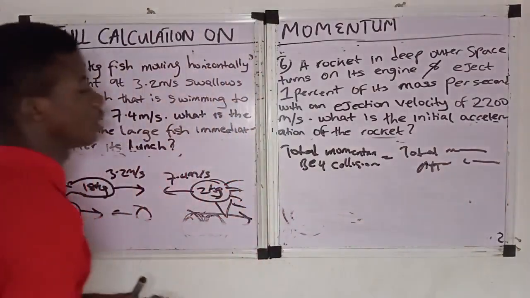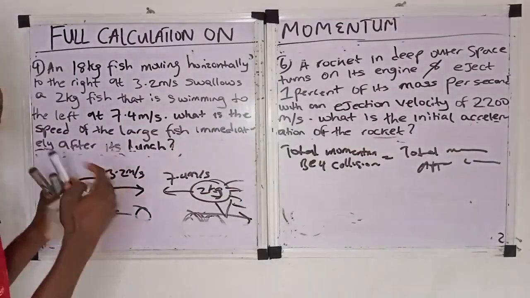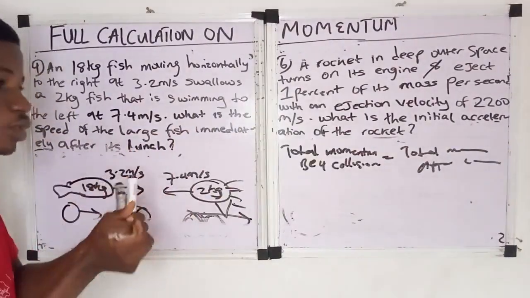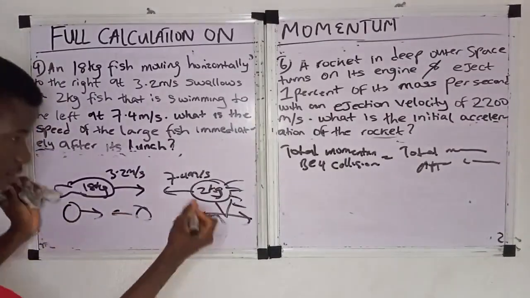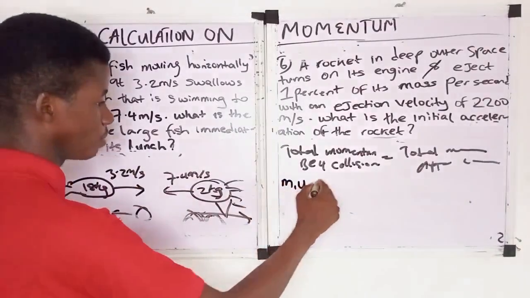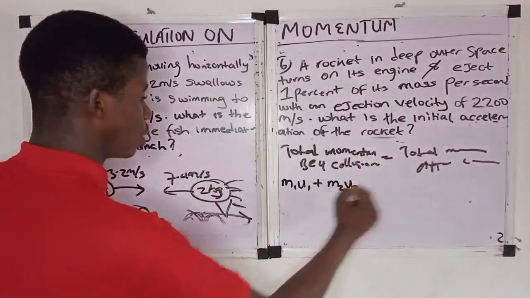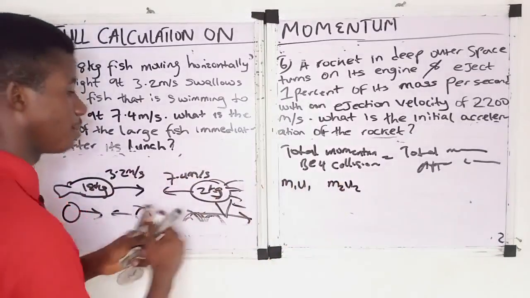The total momentum before the bigger fish swallows the smaller fish is m1u1 plus m2u2.